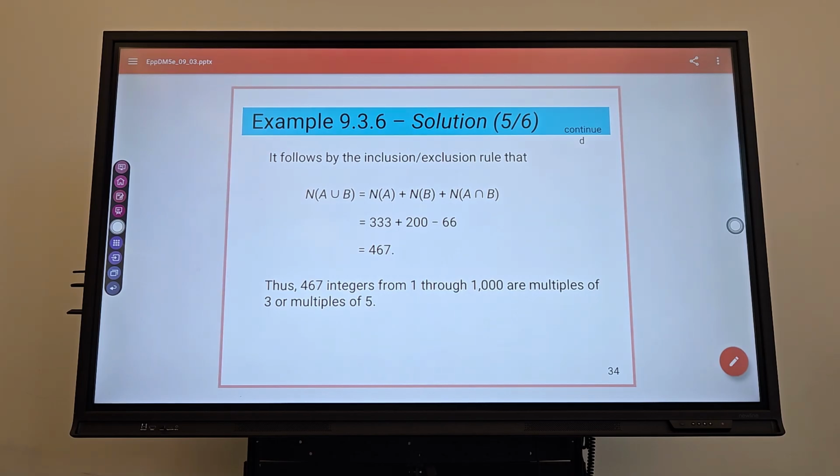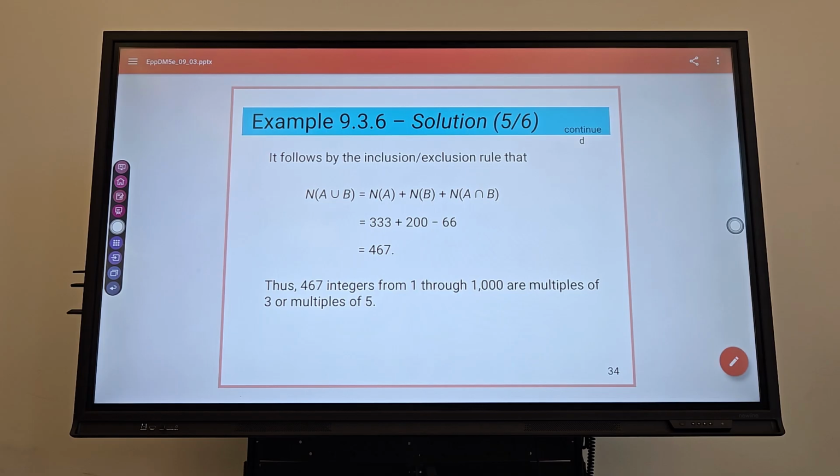It follows by the inclusion-exclusion rule that the number of elements in the union of A and B equals n of A plus n of B minus, not plus, a little flaw in the slides here, minus n of A intersect B. Got it right on the second line, which is 333 plus 200 minus 66, which is equal to 467.